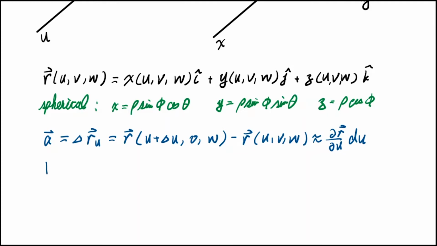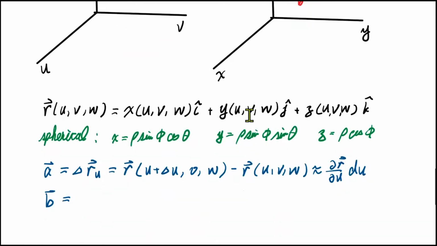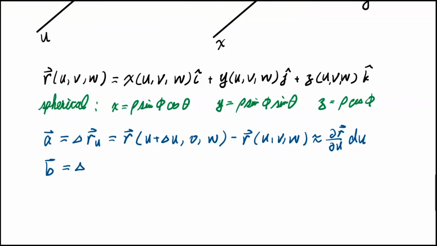Likewise, let's say vector B was created by movement in the v direction. So we do exactly the same thing in the v direction. That is r with u constant and v plus delta v and w, minus r at u, v, and w.